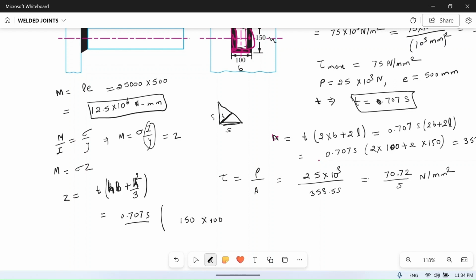Sorry, this is B not L. So H into B, 100, plus 150 square divided by 3. If we calculate, we will get this value.